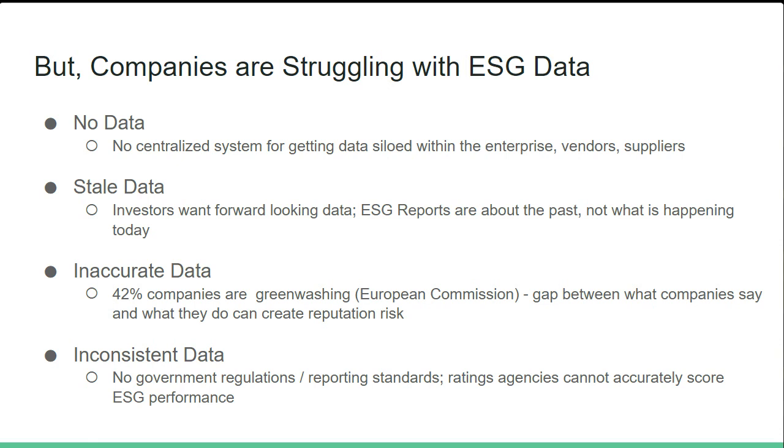But what it does not tell you is what is going to happen from today onwards. And that is what investors want. Investors want forward-looking data. And just the historical past information can only be indicative, but it doesn't really give enough variables or features that you could use to model for your future investments.